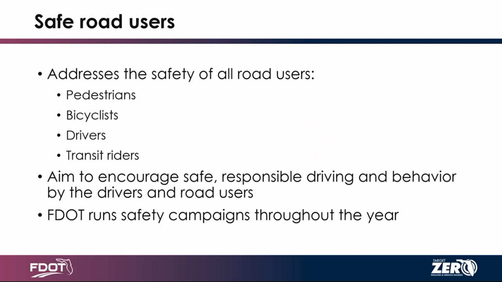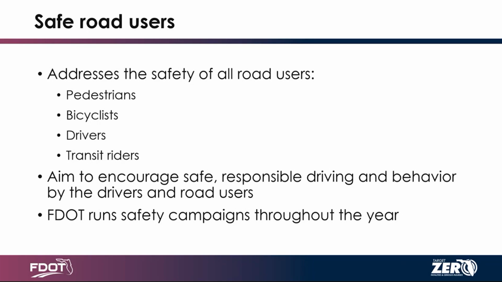So safe road users. When we think about safe road users, we're not just focused on motorists. We are focused on motorists, but we're also focused on pedestrians, bicyclists, transit riders, motorcyclists. So there's a lot of that piece that humans are vulnerable. Vulnerable road users are a key part of the safe road users.